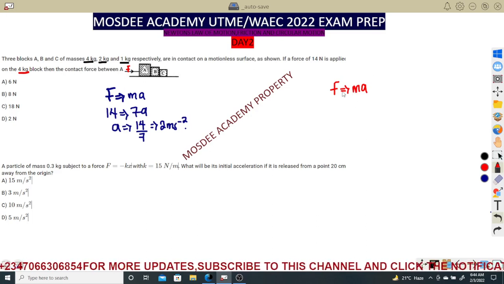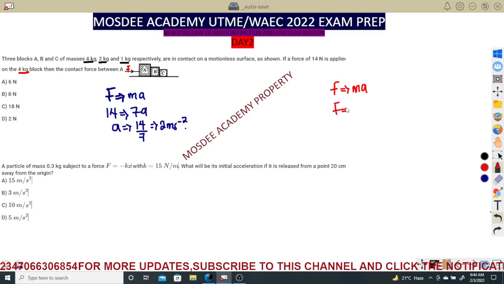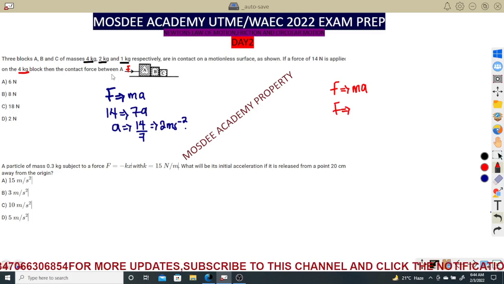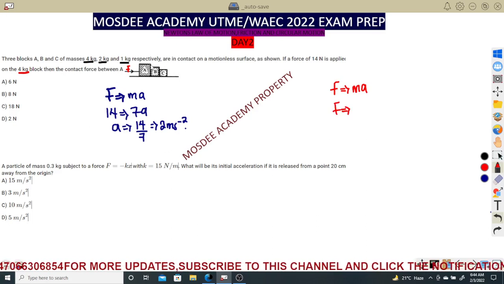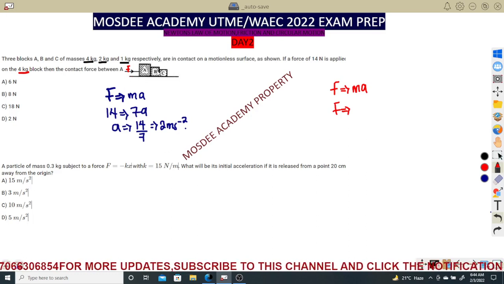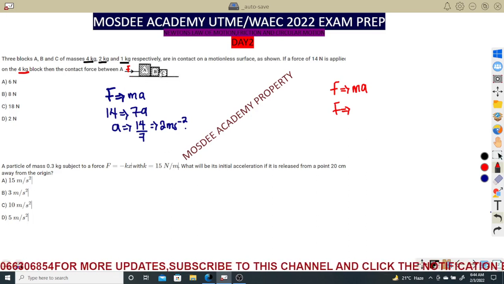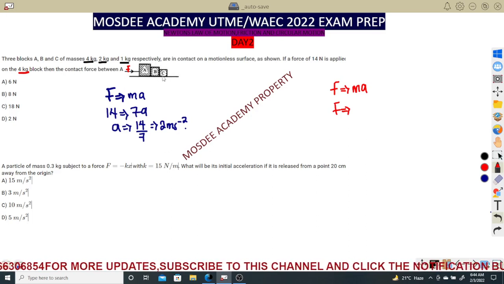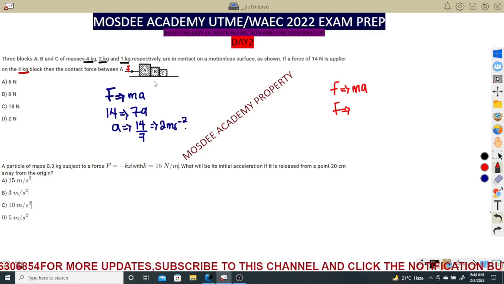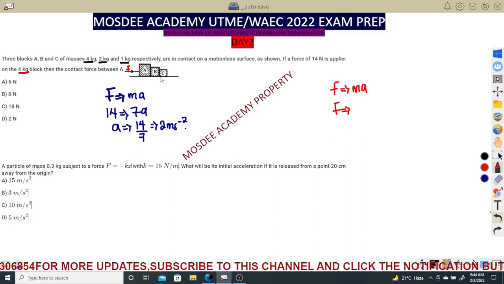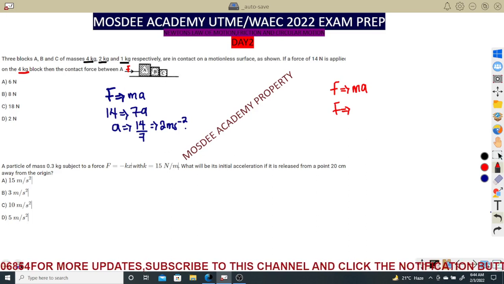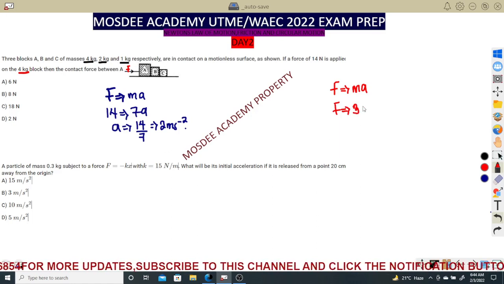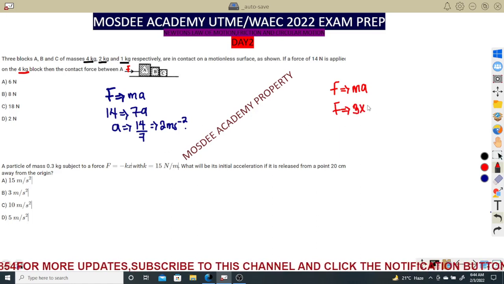We are talking about the contact force between A and B. When A is set to motion, the mass that acts is the total mass of B and C. When force was applied to A, it will definitely transfer to B and C. So the mass of B and C is 2 plus 1, that is 3, multiplied by the acceleration of the system, which is 2.